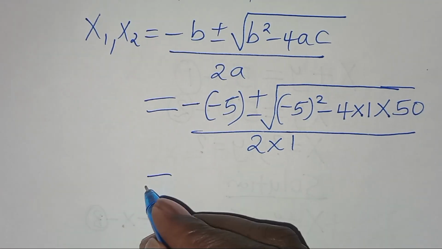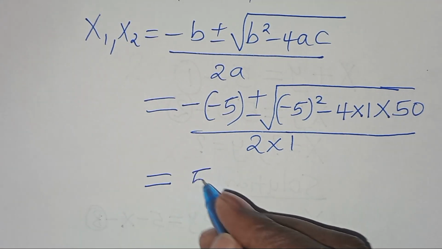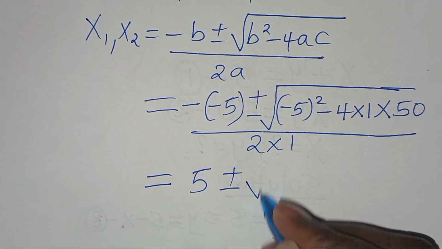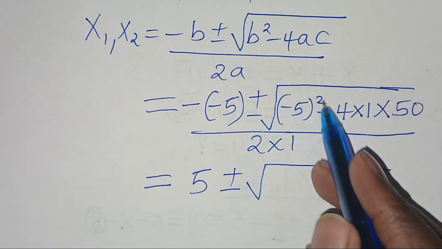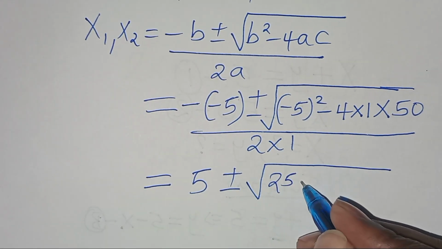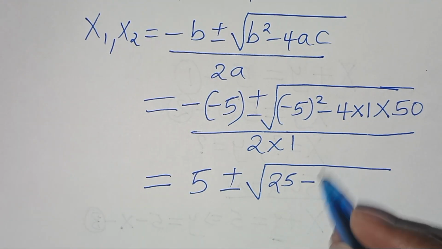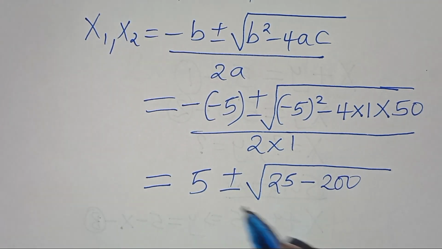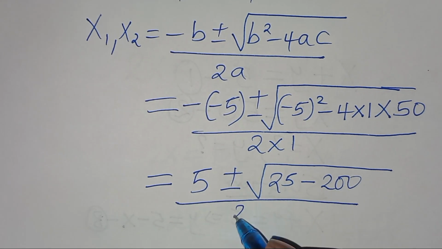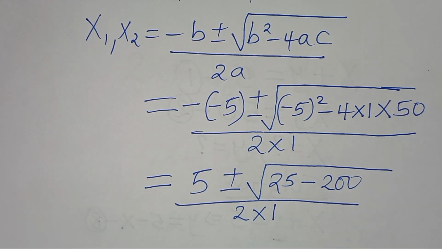The next step here, we have minus times minus 5, this is 5, plus or minus the square root of negative 5 squared, which is equal to 25, subtract 50 times 4, this is 200, all this divided by 2 times 1.